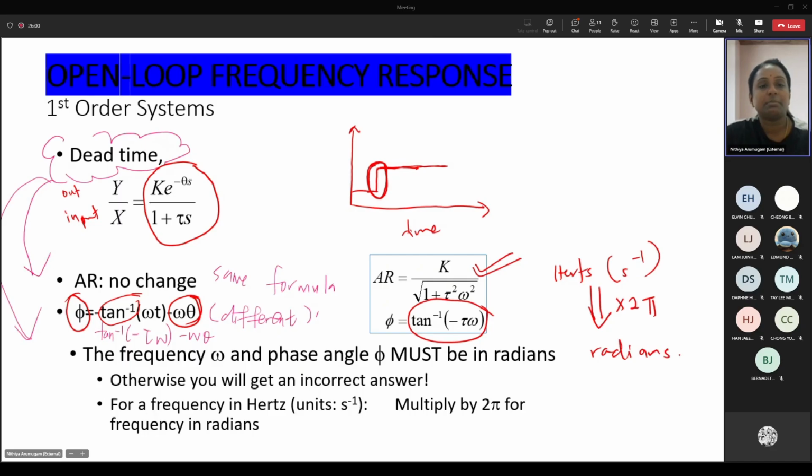Okay, so this is about dead time. So if a problem mentions that we have this controller system and is provided with a dead time of this much, this expression, we need to consider the dead time as well. Okay.